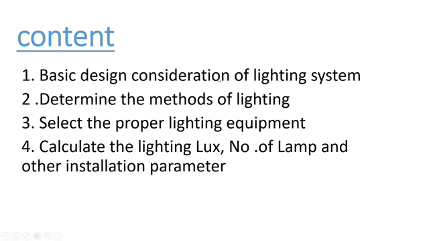Second, we need to determine the method of lighting, how we are going to connect the lamp. Third, we need to select the proper lighting equipment. And fourth, finally, we calculate the lighting lux level and the number of lamps to meet that lux level and other parameters. Once you follow these 4 steps, you can easily design any lighting system.